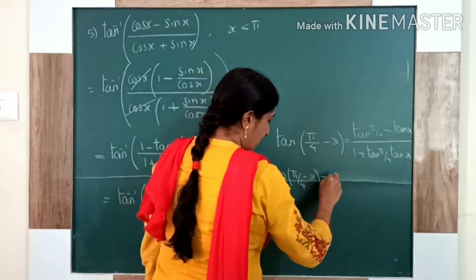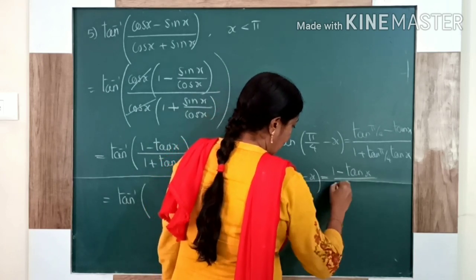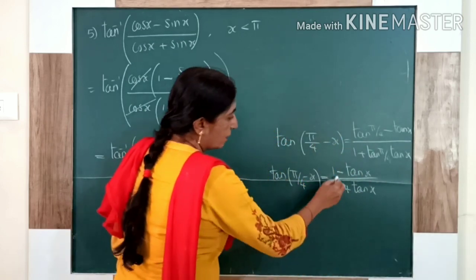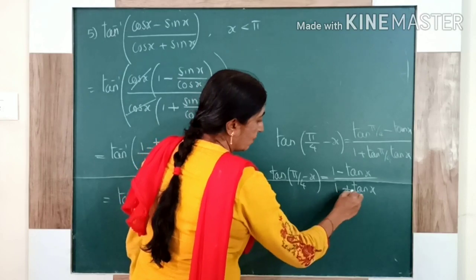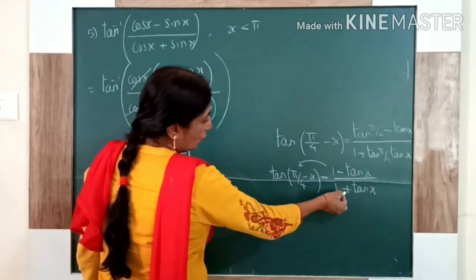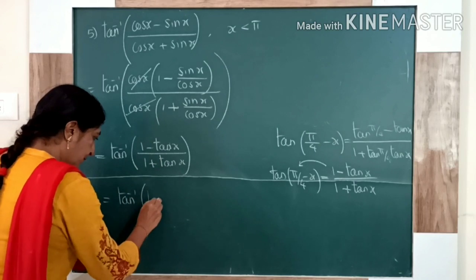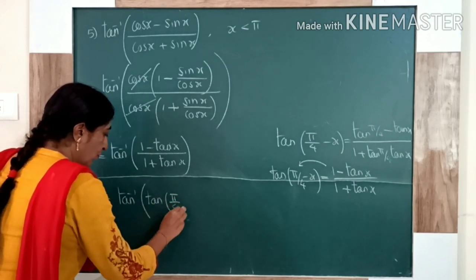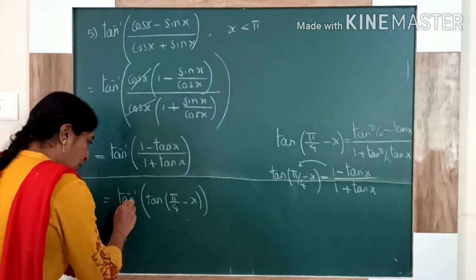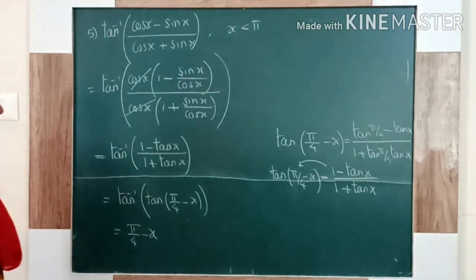Pi by 4 is nothing but 45, and tan 45 is 1. So 1 minus tan x upon 1 plus tan x is tan pi by 4 minus x. Suppose if these two signs are interchanged, if it is a plus, it comes as a plus. So this is tan pi by 4 minus x. See students, we converted this bracket as a tan. Now tan inverse and tan get cancelled. Pi by 4 minus x.